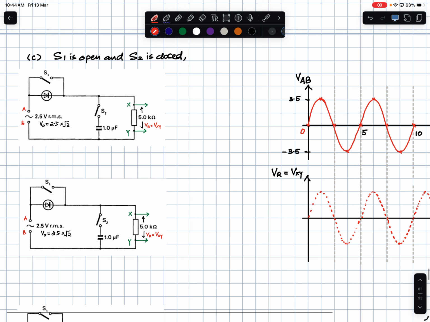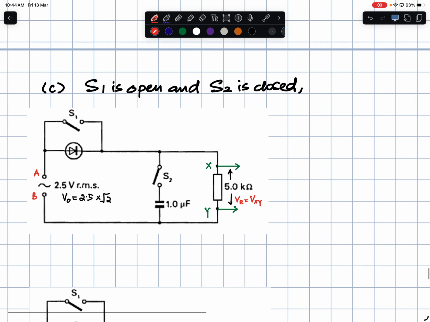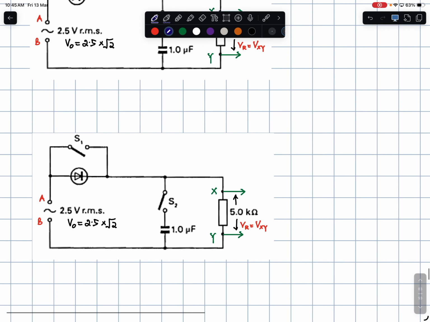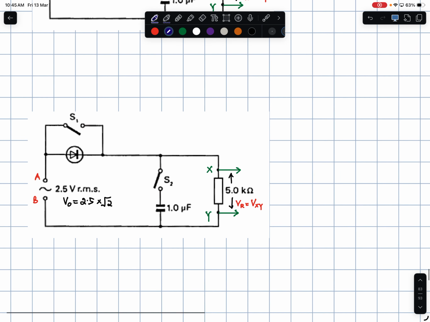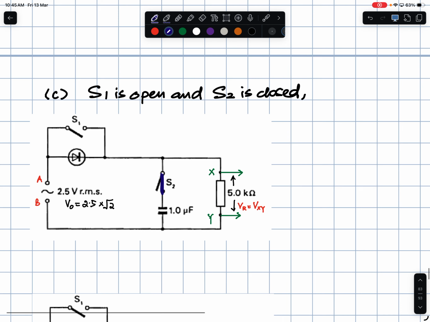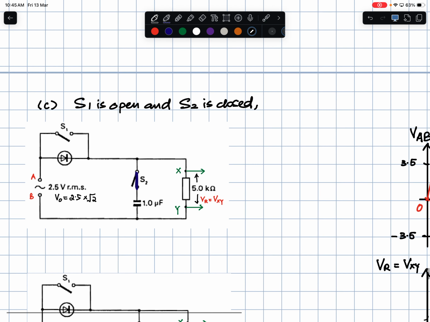Alright, so S1 is open, S2 is closed. So S1 is open, I'm going to just keep it open. S2 is now closed. Okay? And then, therefore, we start our analysis as before. Again, you realize after I redraw, then we have the following things.